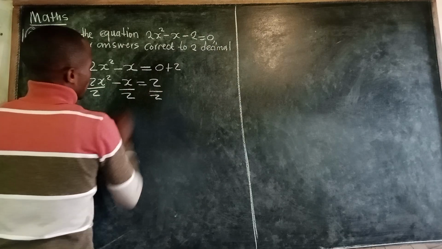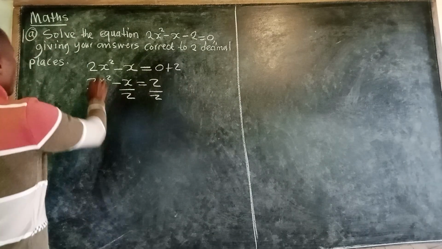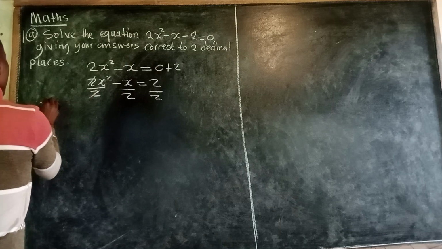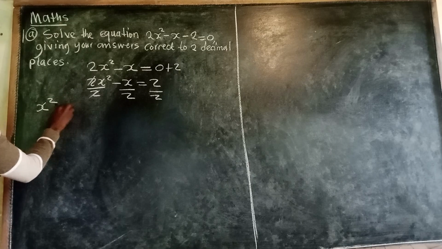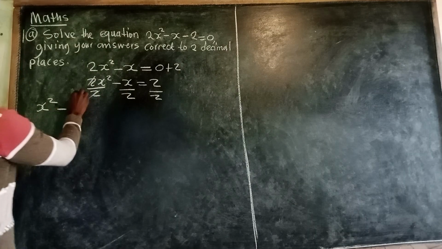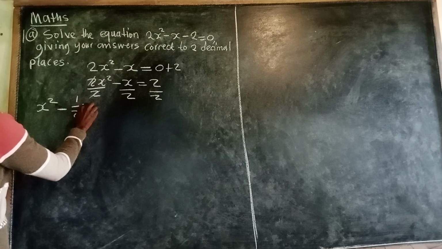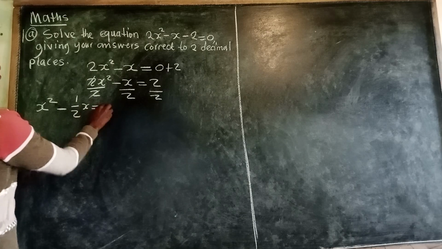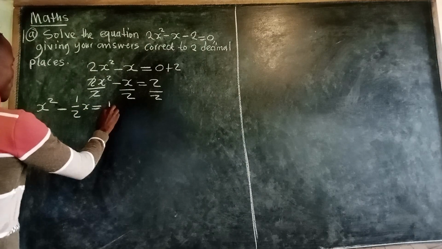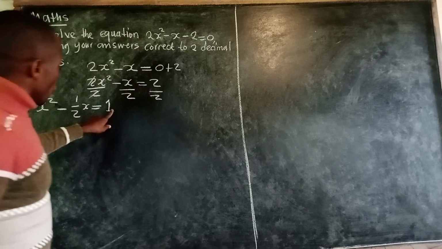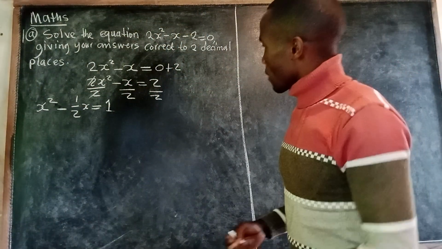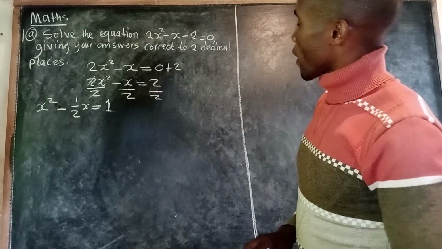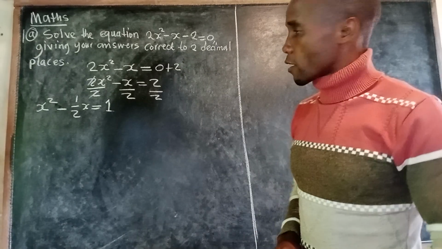So 2 into 2x squared, we are going to remain with x squared, then minus, this is the same as 1 over 2 x, then equals what we have there, it's 1. Having followed these two steps successfully, we are now going to proceed to the next level.